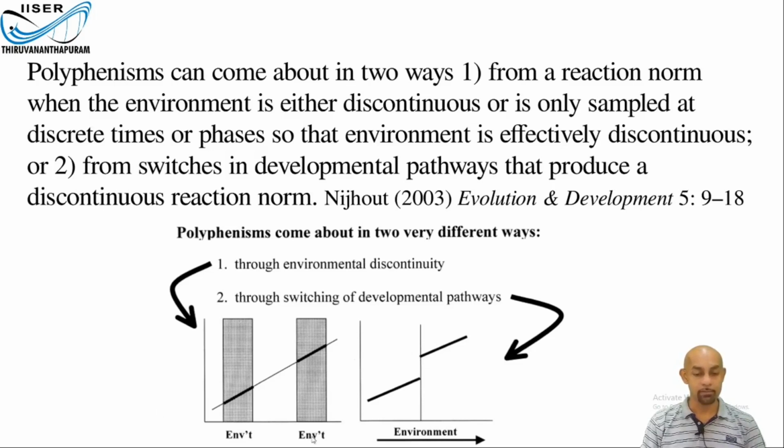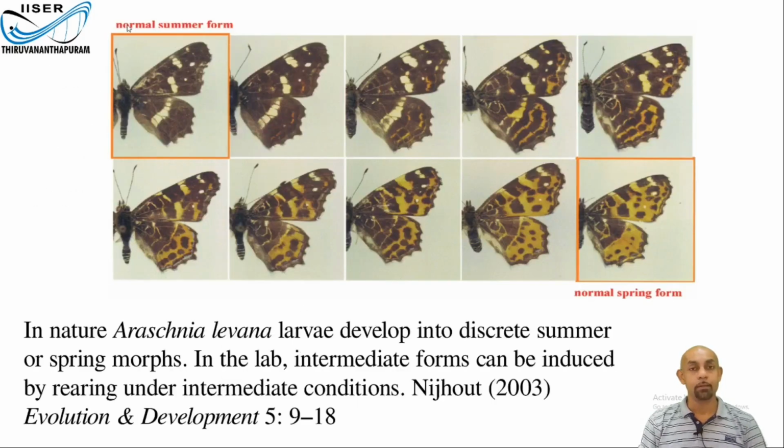So let's look at this example. I have mentioned the summer and spring morphs of Araschnia levana. This is an example of polyphenism observed in nature. I also mentioned that the wing patterns react to photoperiod.